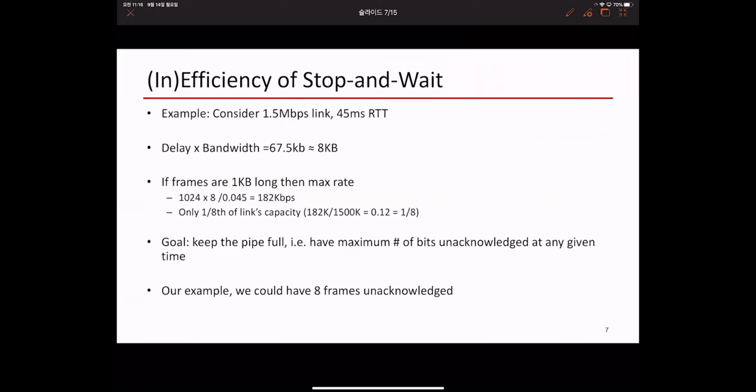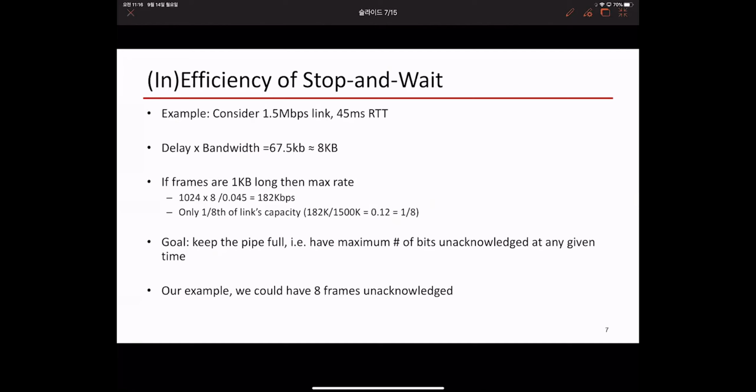Okay, clear so far? My link is 1.5 Mbps, and my delay is 45 milliseconds. My delay-bandwidth product is 8 kilobytes. If the frame is 1 kilobyte and I have a pipe of 8 kilobytes, I'm only using 1/8 of my pipe, right?